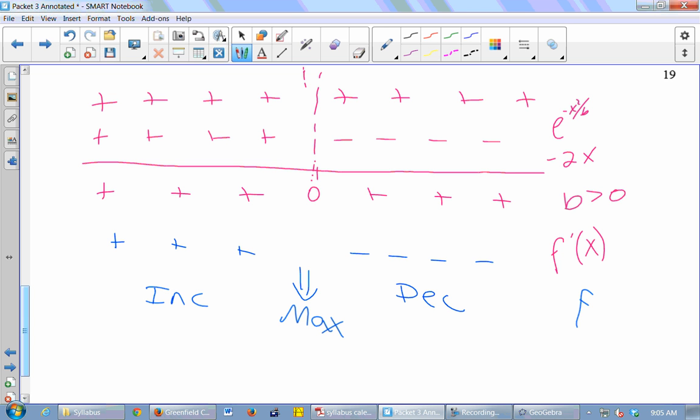But if b is negative, these all become negatives, and my final signs will switch, right?